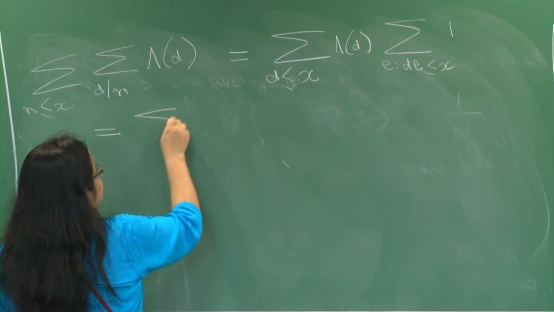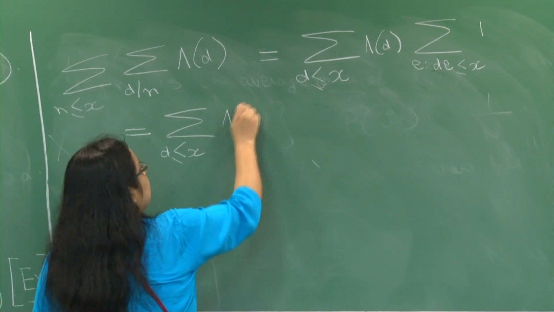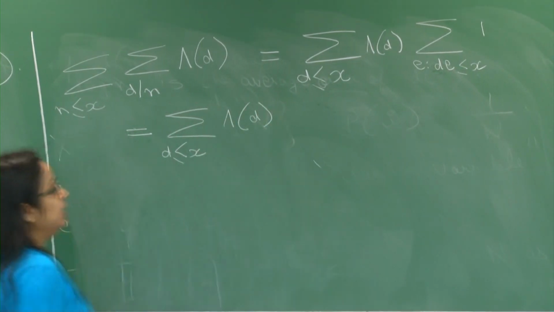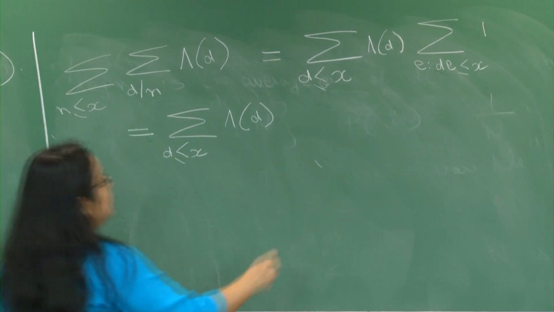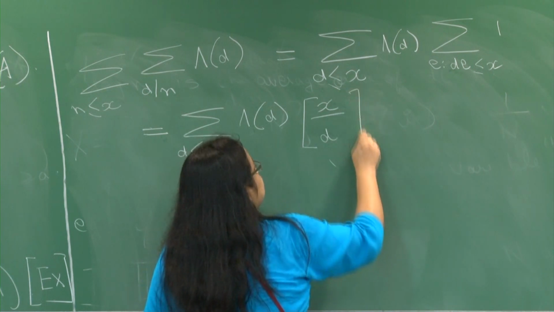So, what do we have here? D less than or equal to x, lambda of d, and the inner sum is exactly x over d.